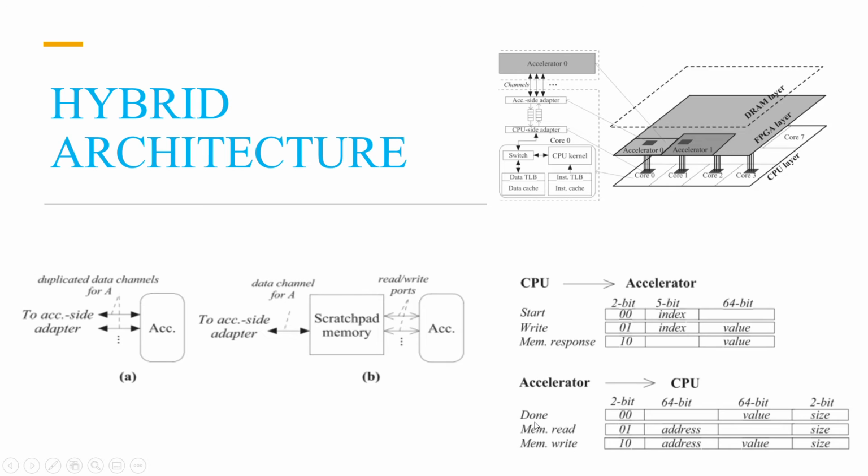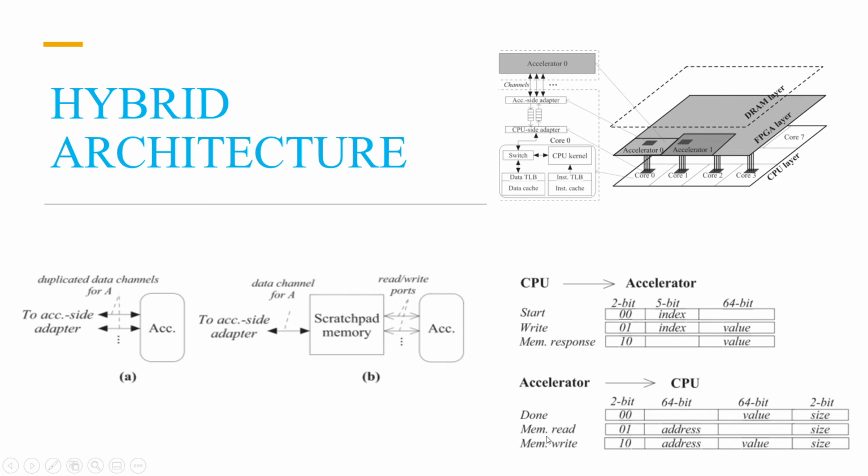Four is done, indicating accelerator execution is finished. The value and size fields in the packet indicate the value and data size of the return value, if it exists, respectively. Binary codes 00, 01, 10, and 11 indicate 1, 2, 4, and 8 bytes data size respectively.